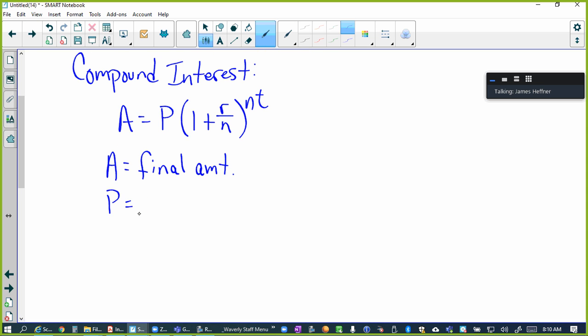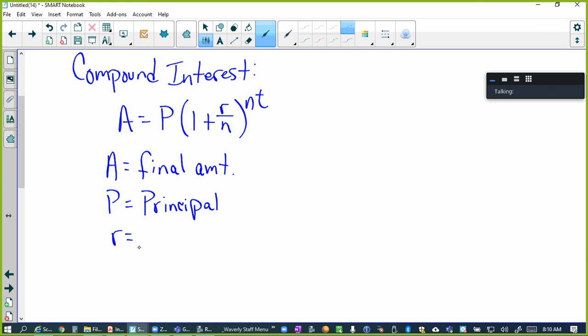P, that's like the initial amount originally, right? But when we talk about finances, that's called principal, right? The initial amount you put into some investment, okay?